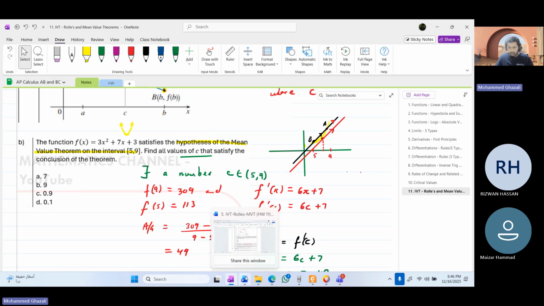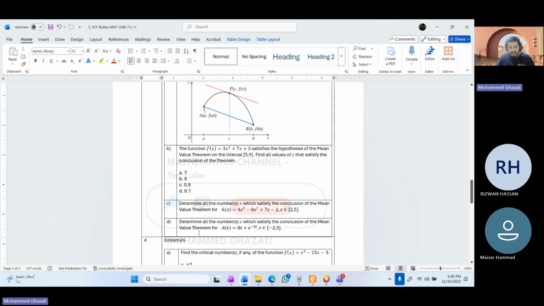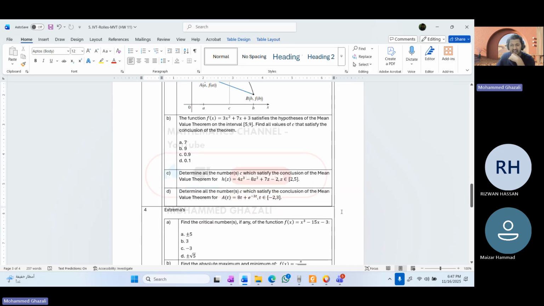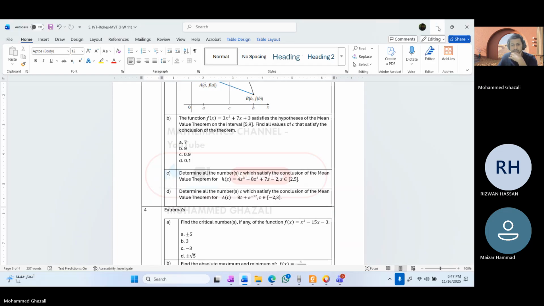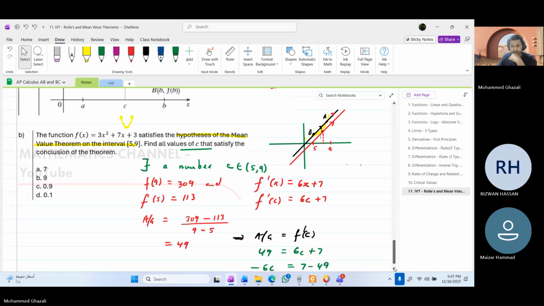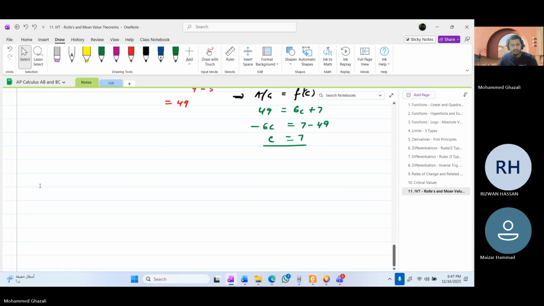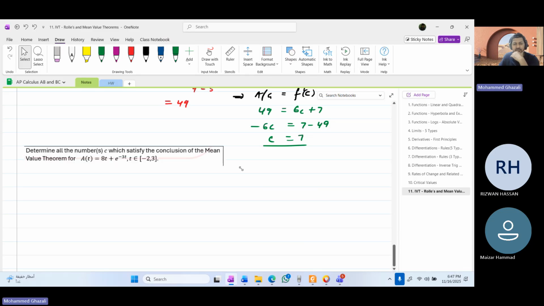We can take one more example before we end off on the mean value theorem. We have a nice question over here. So those are the 3 important theorems that you need to know.